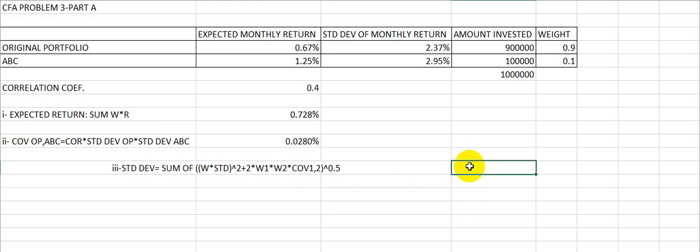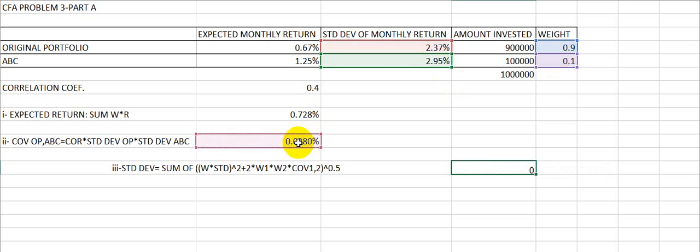As for the application, it will be equal to the first weight power 2, times the first standard deviation power 2, plus the second weight, which is 10%, power 2, times the second standard deviation power 2, plus 2 times the first weight times the second weight times the covariance for both stocks.